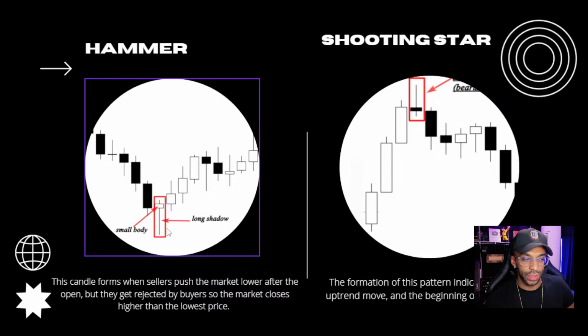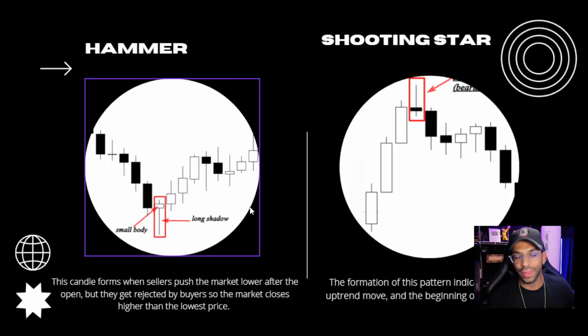Even though price got all the way down to this area here, the buyers were able to push it all the way back up. All right. And it closed in a buyer's market. So typically you want to see that hammer close higher than the open.